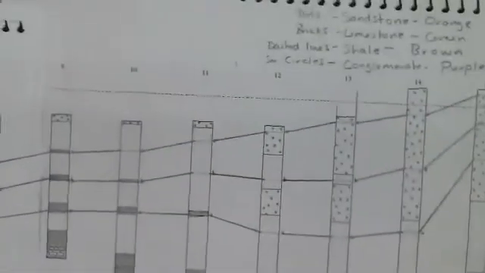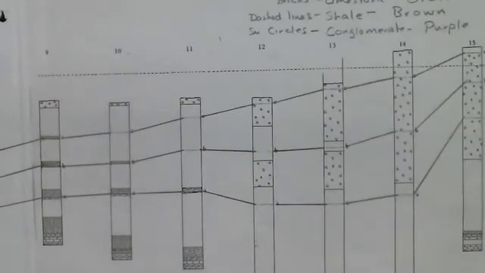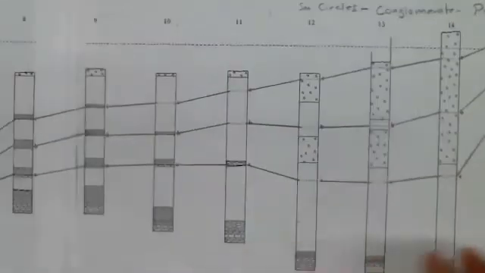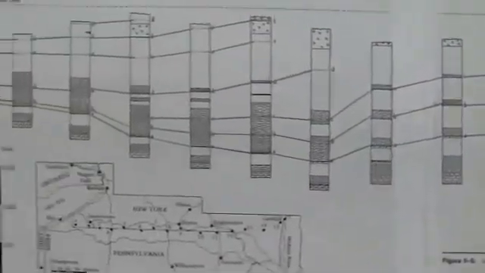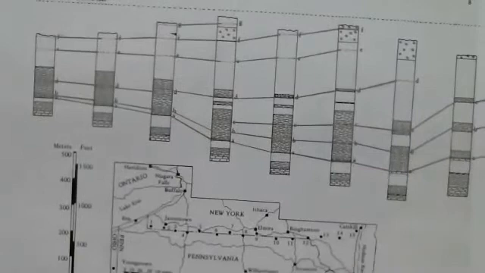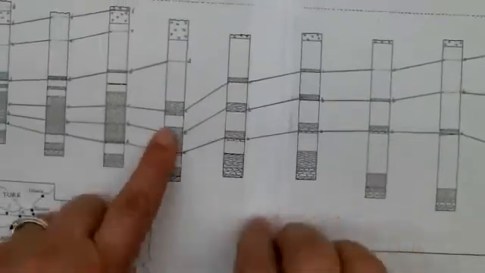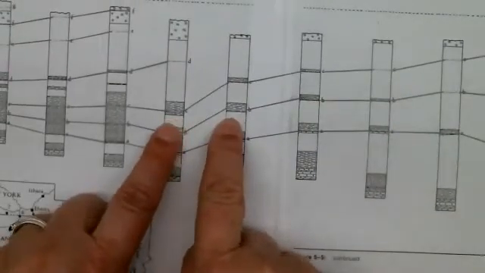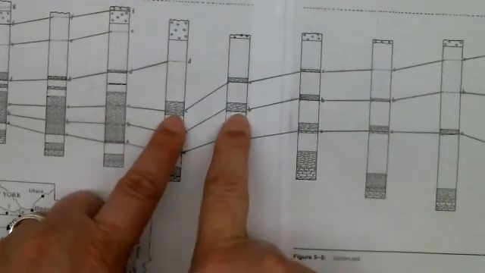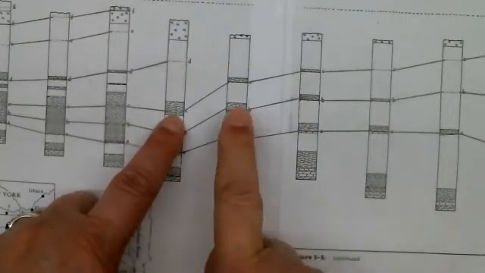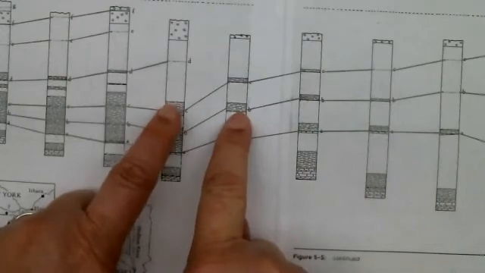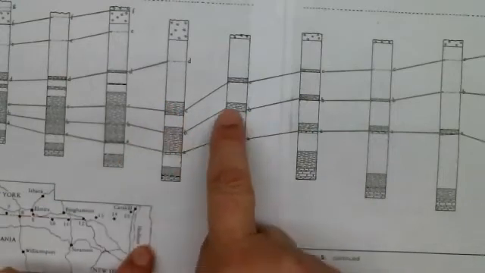All right, so we've got all of our fossils correlated. So now we're going to start correlating the rock types. I'm going to start at the bottom because that makes sense. And I really don't have to look too closely at this right now. You've got to be careful when you start matching up rock types, because especially like here, you might be tempted to match this shale with this shale, but that's impossible because this part is older than this part, and I know that because of the fossil.